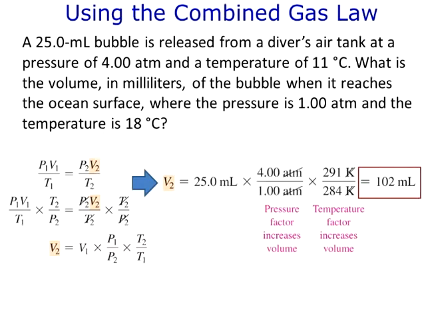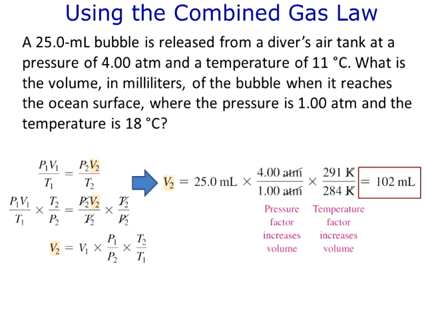So I'm using the combined gas law. Well, we know that the number of moles are constant. Therefore, we set up a relationship of PV over T for the first set of conditions, PV over T for the second set of conditions. I go back in my problem and I note all my variables directly above them so that I can track them. And what I observe is that I'm only missing one variable, and that's V2.